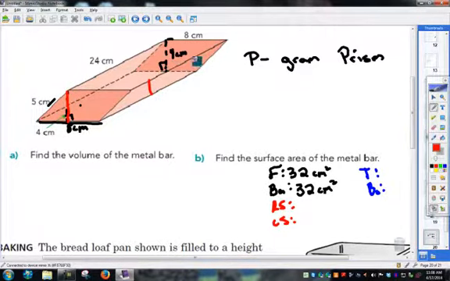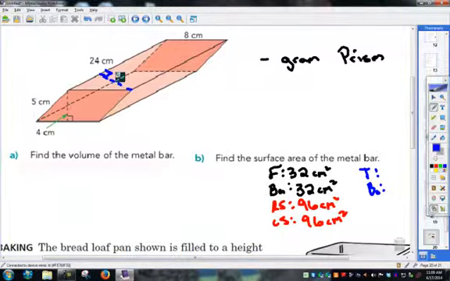Okay, so I'm not sure I can do the top. Hang on a second here. I didn't look at this right. Okay, I really can't find the area of this at all because I don't see a right angle here, and I don't know if we can assume that it is. I don't think we can.